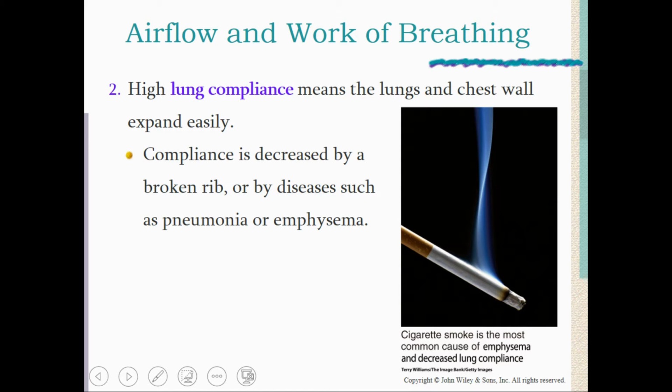So you can try, but the water is just too heavy and it squeezes your chest too much and makes it impossible to breathe. So that's one of the things that can influence taking a breath.